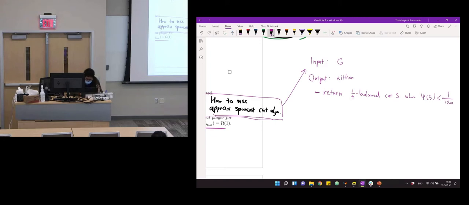So this is exactly the same thing as the kind of cut we get in the algorithm.